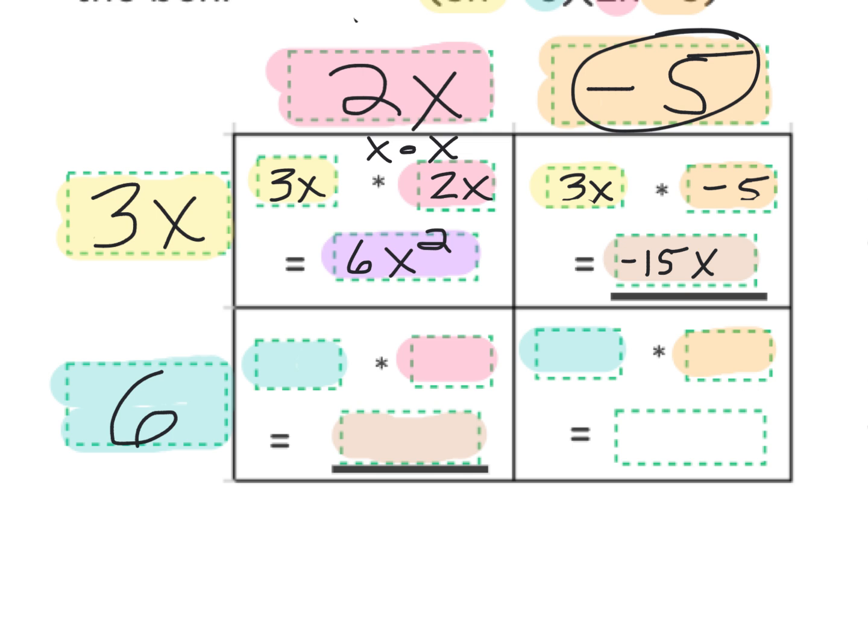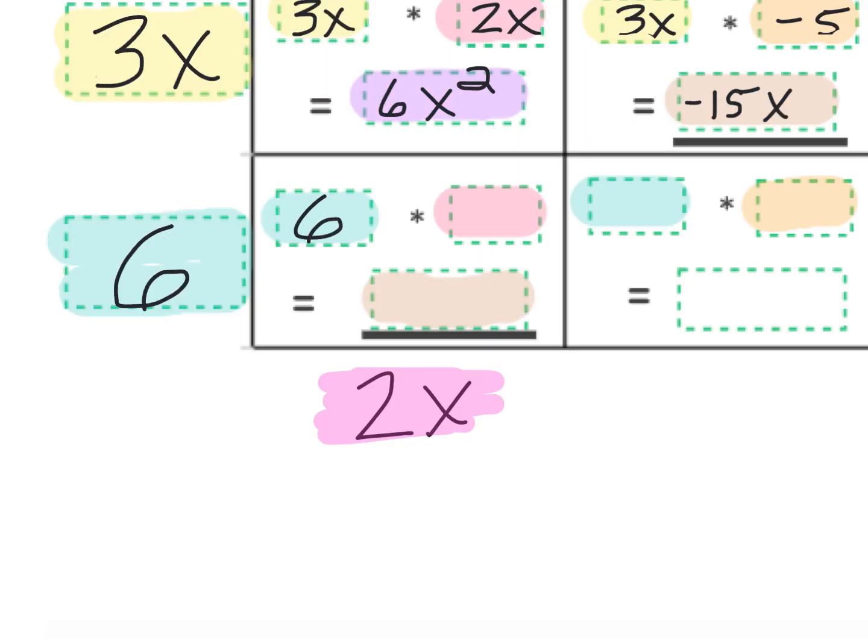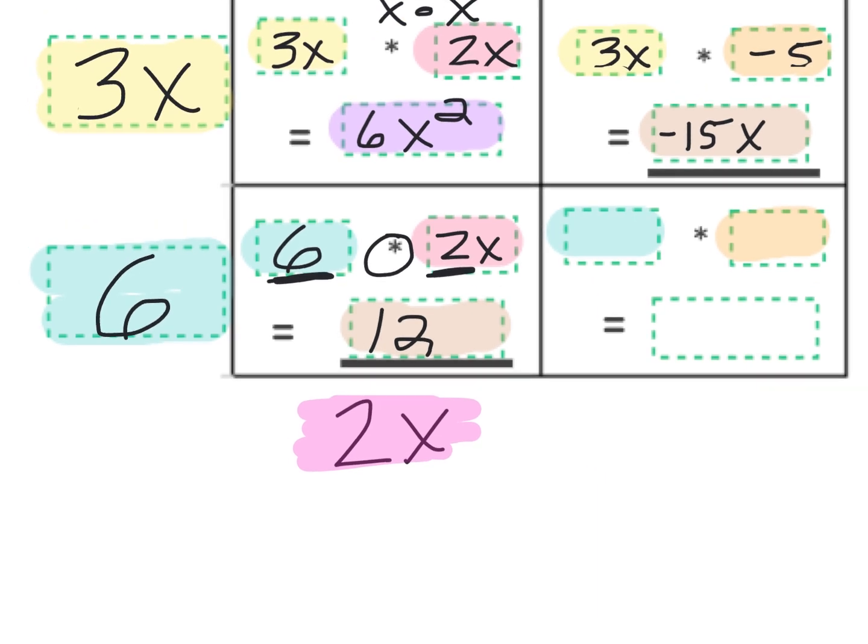That means that the 2x will also be the length across the bottom because, again, the way that rectangles work, the sides that are opposite of each other are the same. So we'll multiply 6 times 2x, 6 times 2 is 12, and there's only one x, so it'll be 12x.